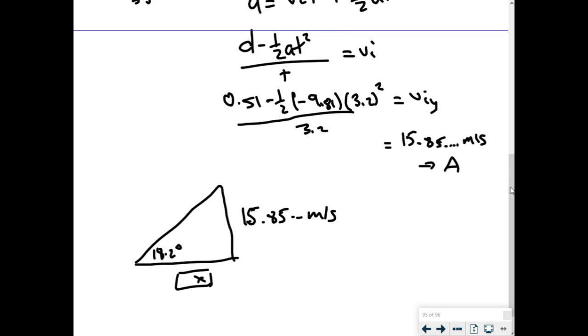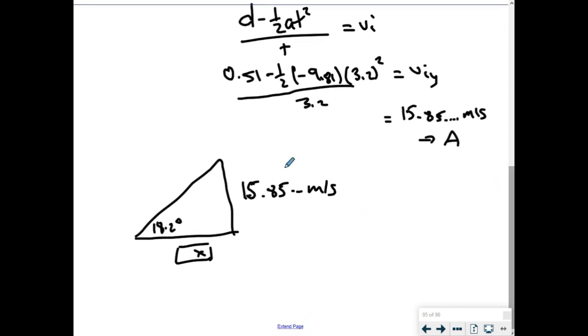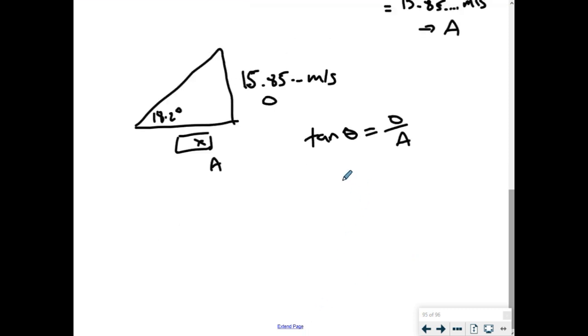Now, this is not one of the standard calculations, but using trigonometry, this is an opposite and this is an adjacent. This is tan. The tan of your angle is equal to your opposite over your adjacent, and we're trying to solve for the adjacent, so the adjacent is equal to your opposite over tan theta. Your opposite was what we just solved for, 15.85, and tan theta would be the tan of 18.2.